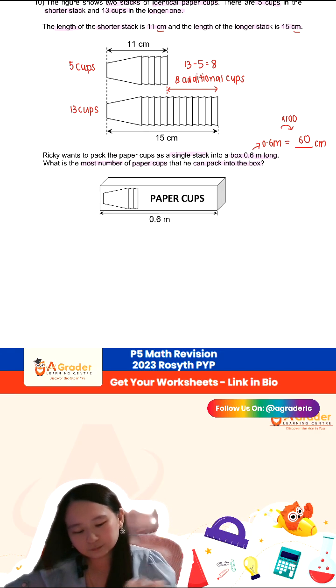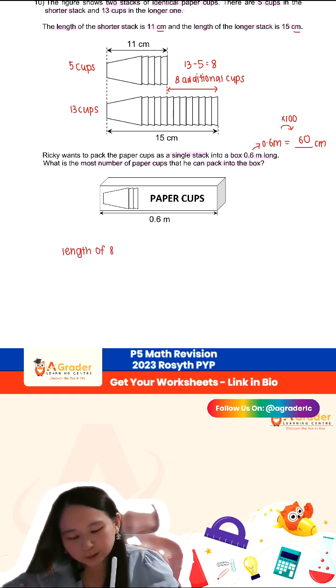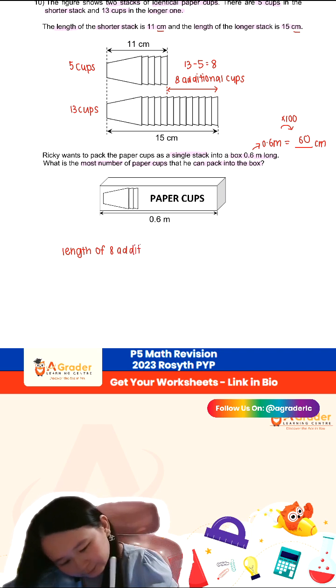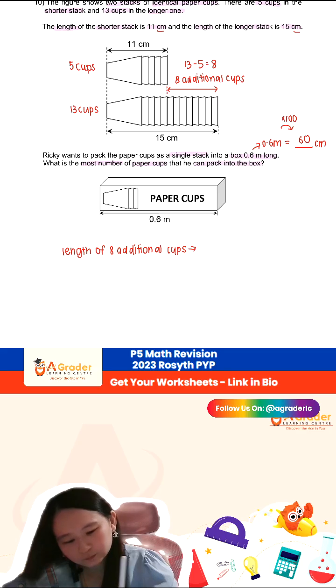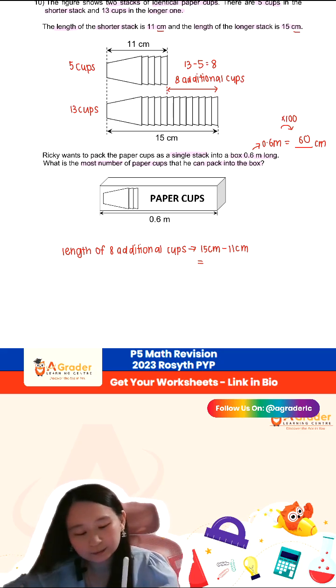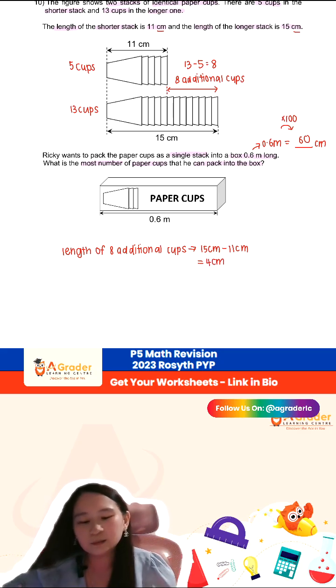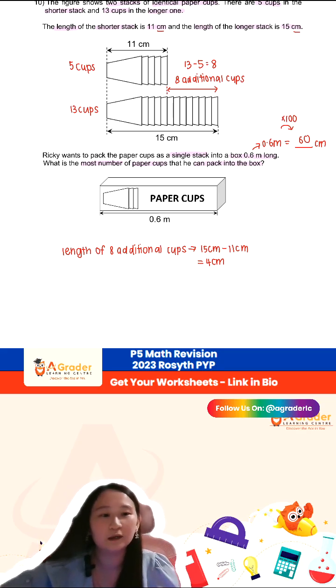So the length needed for the 8 additional cups will be 15 cm minus 11 cm. We find the difference between the two stacks is 4 cm. So means 8 additional cups will require another 4 centimeter of space.